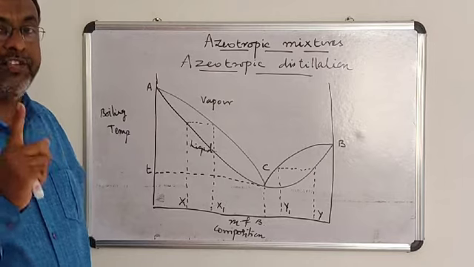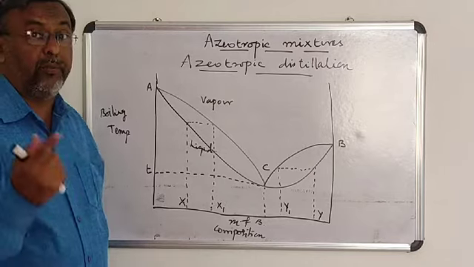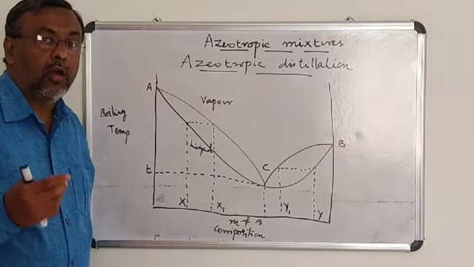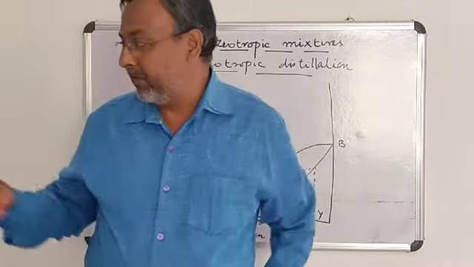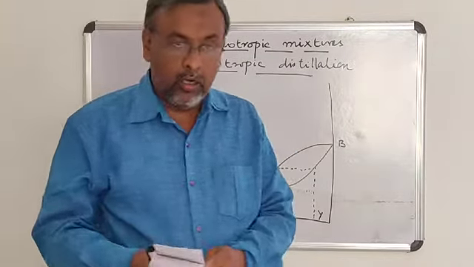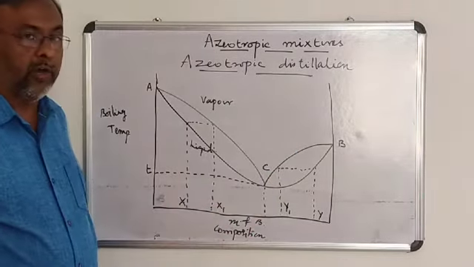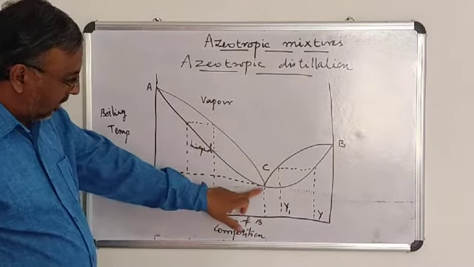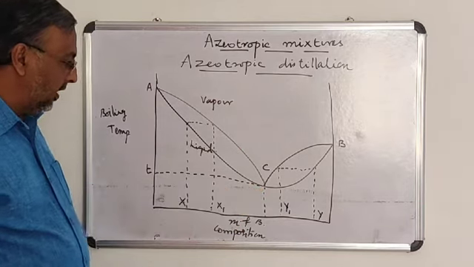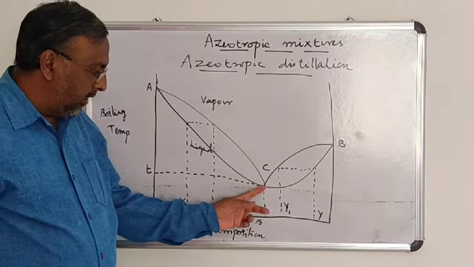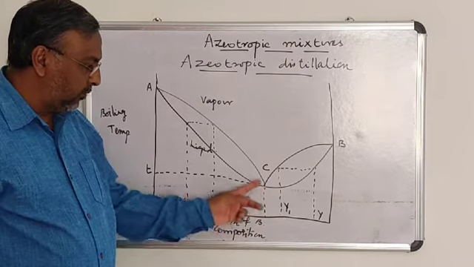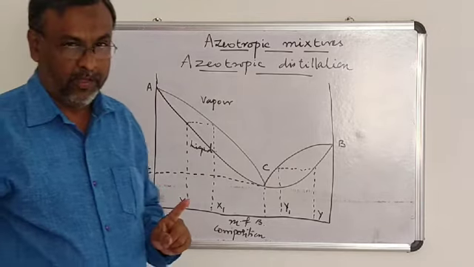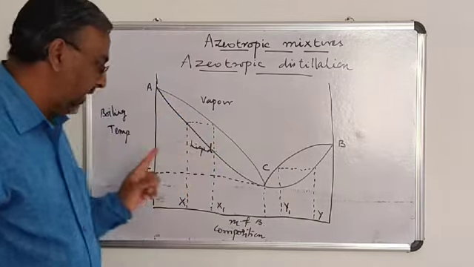Such a mixture is called an azeotropic mixture, or it is also called a constant boiling mixture. When the liquid and vapor phases meet at a minimum point, the liquid with this composition will distill over as a single liquid with a constant boiling temperature.